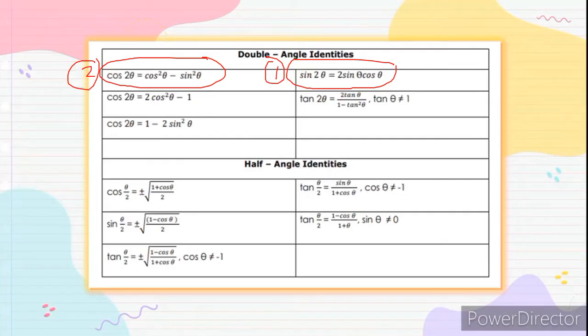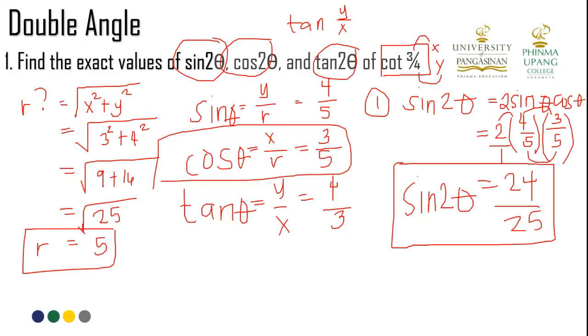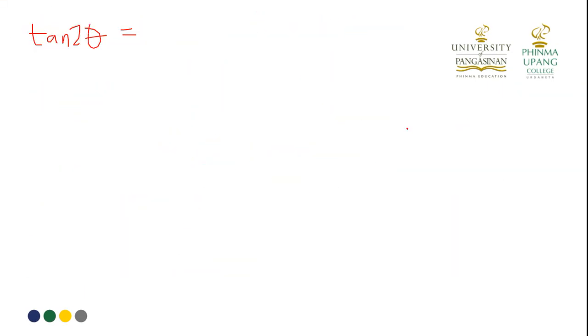Tan 2 theta. Balikan natin yung formula ng tan 2 theta. So gagamitin natin dito is tan 2 theta, 2 tan theta all over 1 minus tan squared theta. So lagay natin dito yung 2, tan theta, then 1 minus tan squared theta.